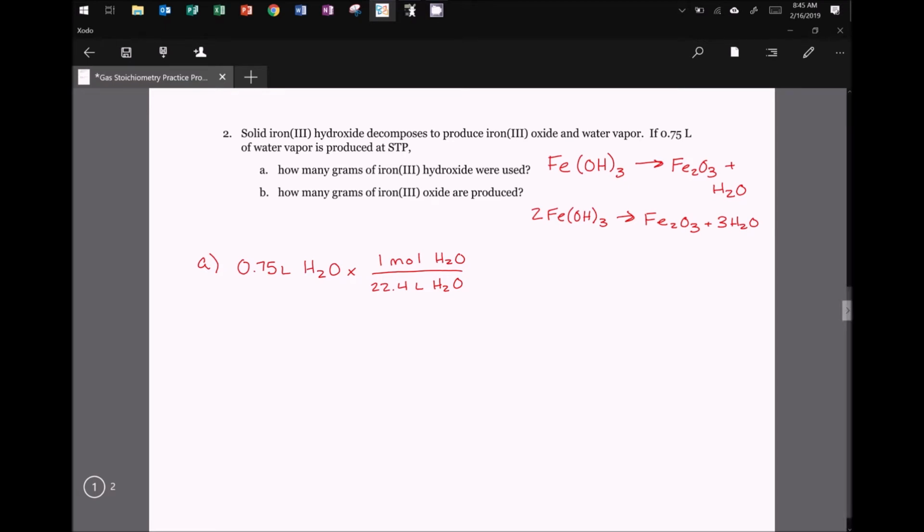So if we look at the chemical equation, we've got 3 moles of H2O to... Oops, I'm looking at the wrong thing. I'm supposed to be looking at this. Alright, so for every 3 moles of H2O, we have 2 moles of iron hydroxide.